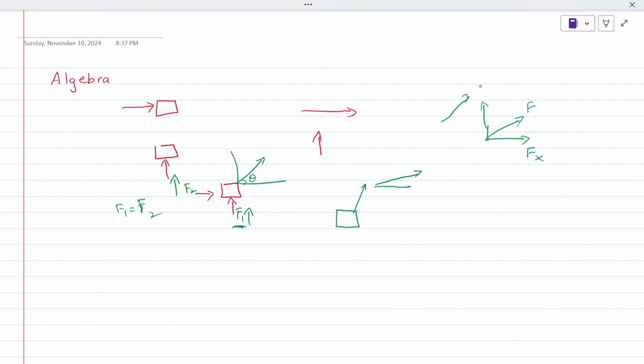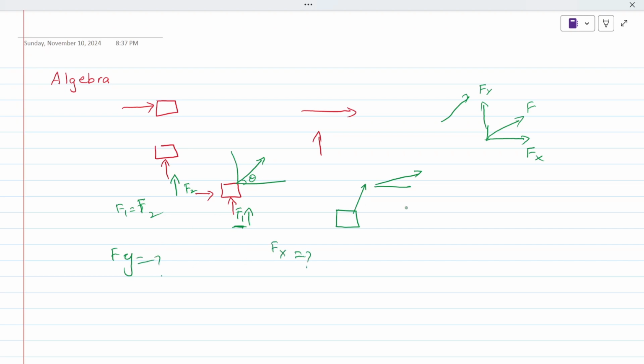This is force in y-axis. We can say it f of y. Okay.